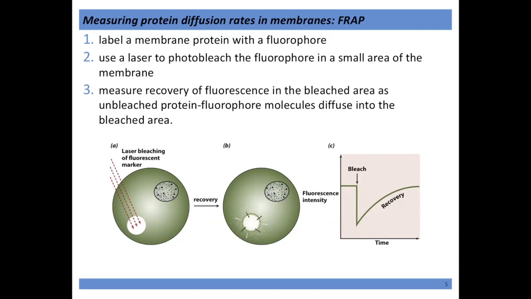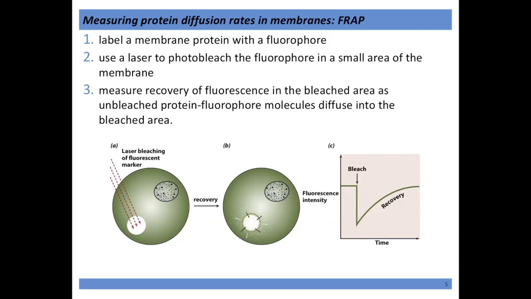So essentially what you do, it's like the first slide, you label something, like I said, either lipids or proteins in there. And then you take a picture, use a fluorescence microscope, and you can see that that dye is evenly dispersed over the entirety of the cell. And then what you do is use a laser and put a lot of power in, and fluorescent probes tend to bleach.